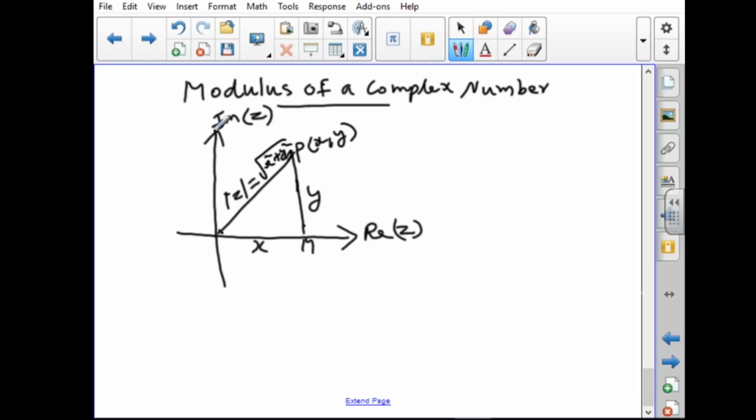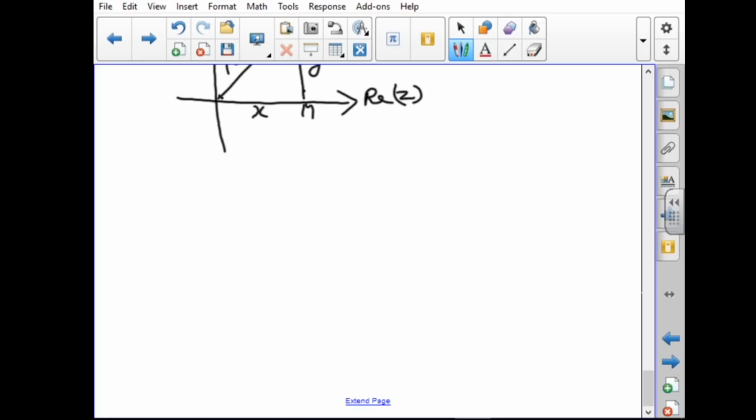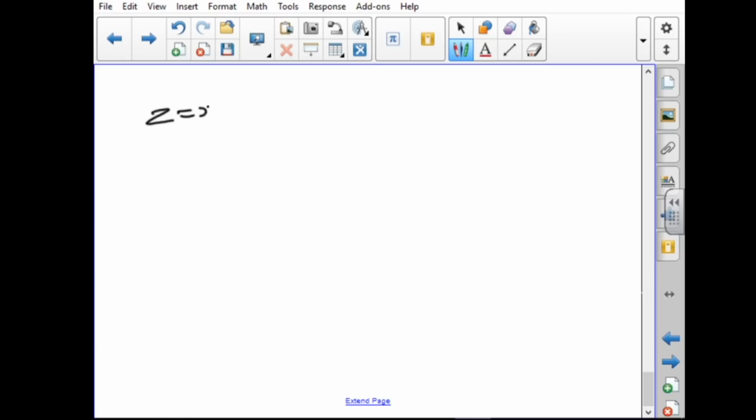So now, if z is equal to x plus iy, so modulus of z is equal to root of x square plus y square.